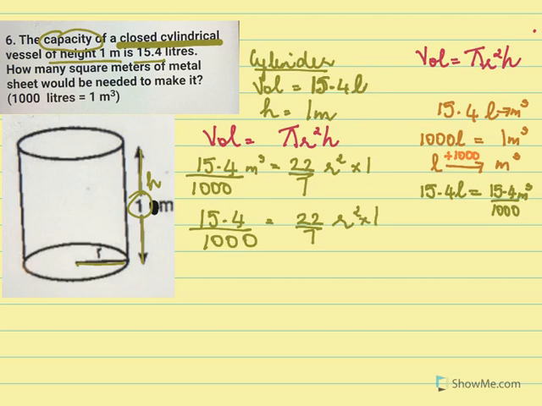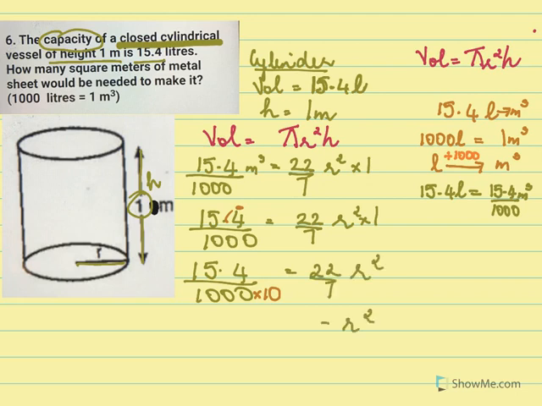Now to remove this decimal, there's one decimal place, so I multiply it by 10. And here I have 154 over 10000 equals 22 by 7 r square.